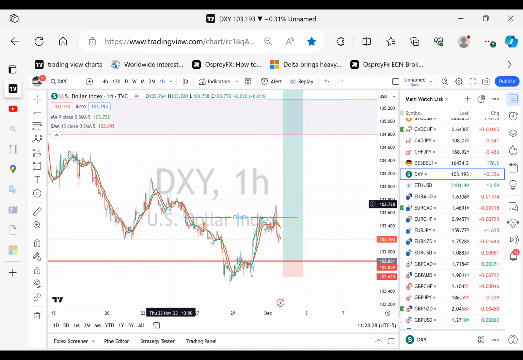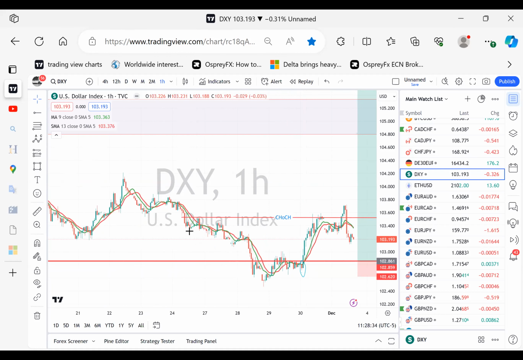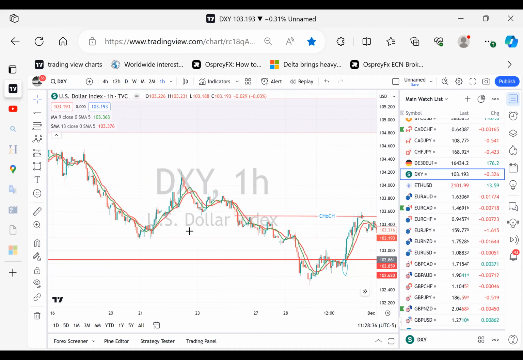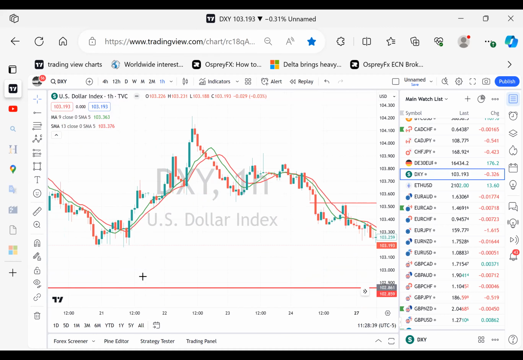So if you're used to looking at order blocks the way that I teach it, you're not going to see it like that, because the way I teach the order blocks is based on two candles, right? This is two candles. Now, if we drop down to maybe the 5-minute, this would be a few candles down, and this would be a few candles up higher.